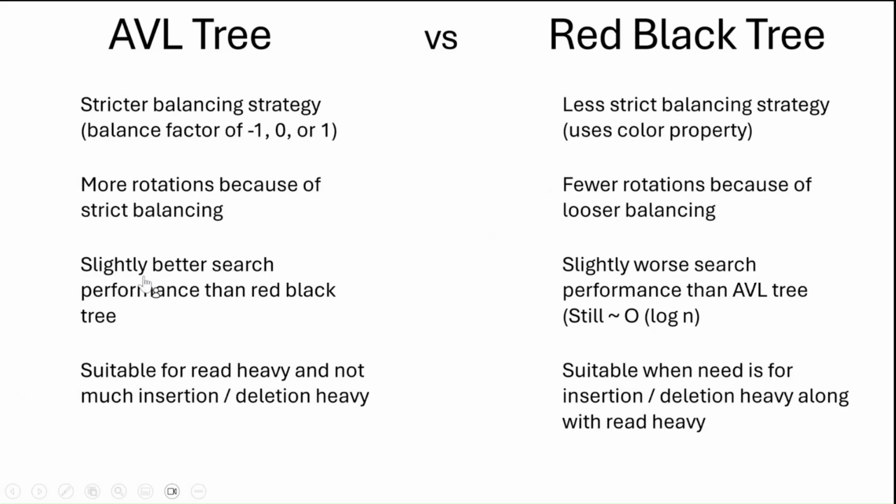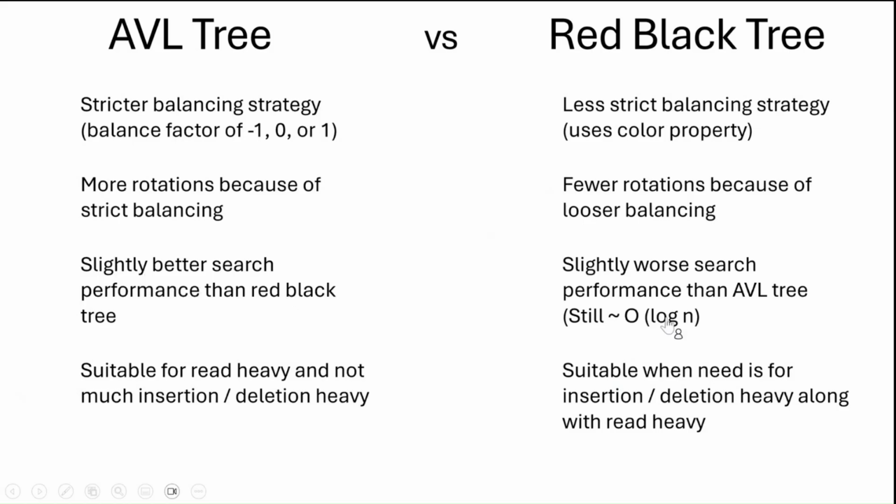Now, if the red black tree doesn't have strict balancing, then the height of the tree might be a little bit increased, right? Yes, that's why in an AVL tree, the search performance is slightly better than red black tree.